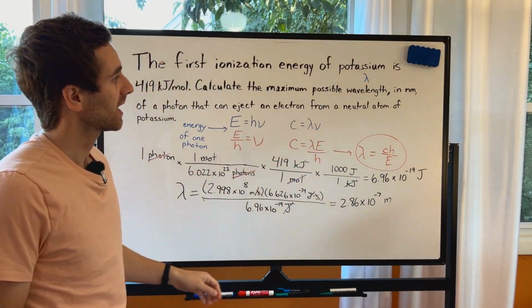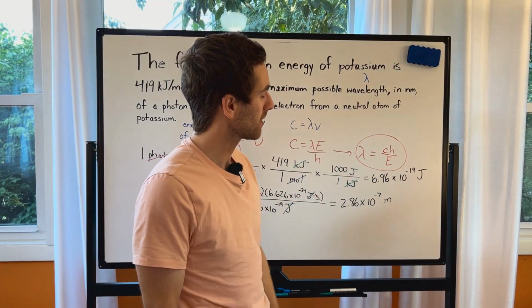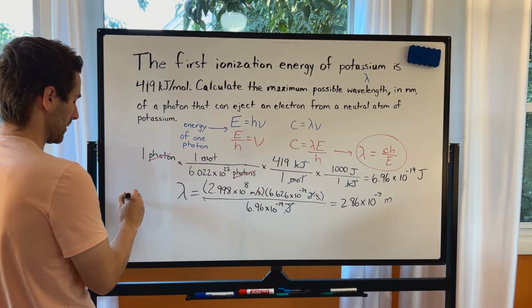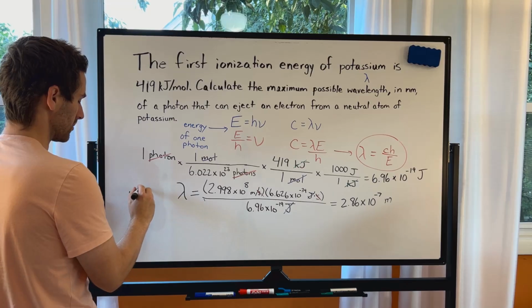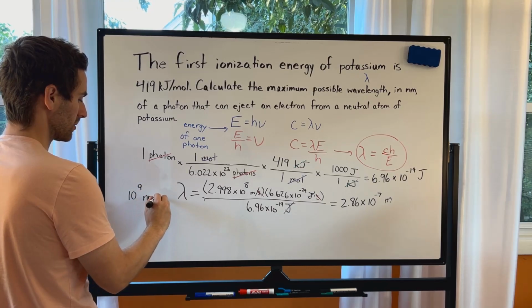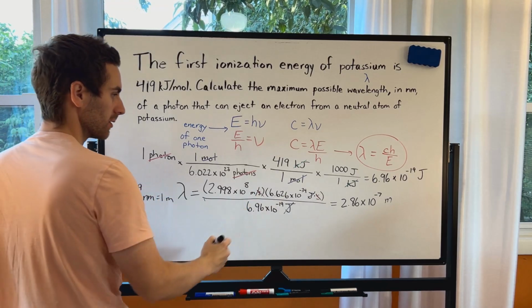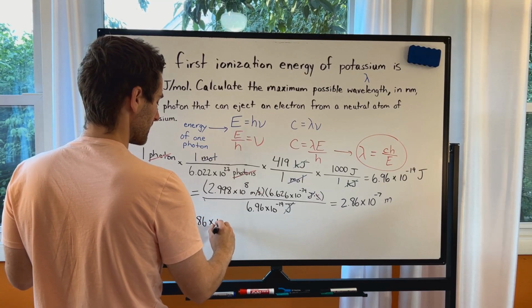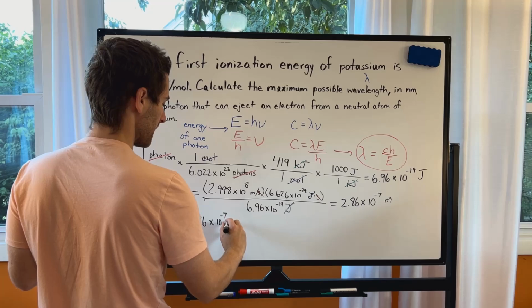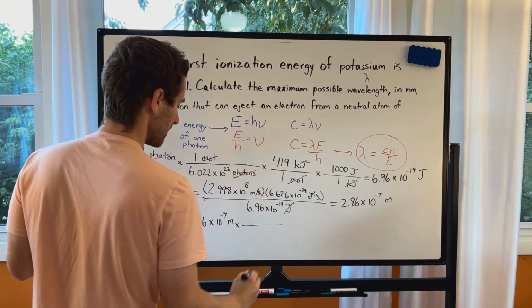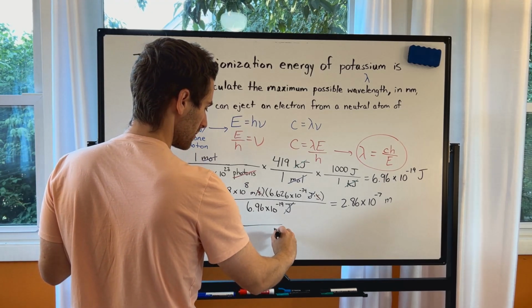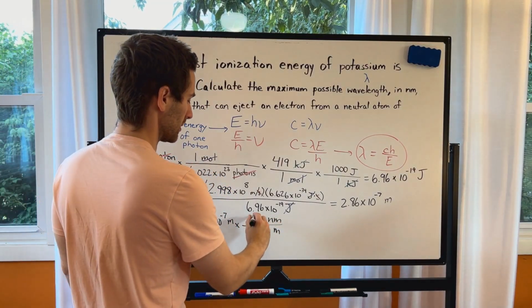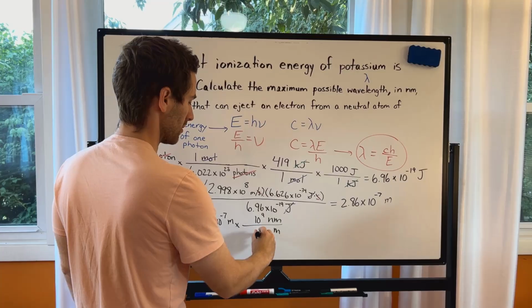Now it does ask for the wavelength in nanometers. So the conversion is that there are 10 to the 9th nanometers in 1 meter. So we will do 2.86 times 10 to the negative 7th meters, times meters on the bottom, nanometers on top, 10 to the 9th over 1.